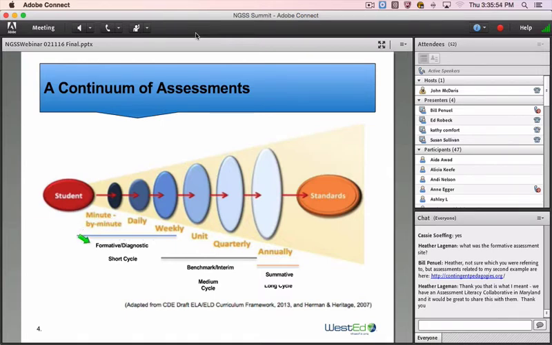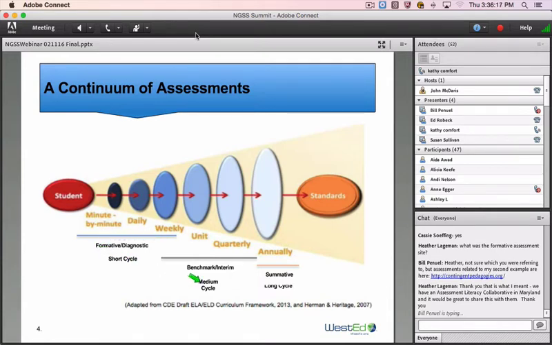It starts with formative or diagnostic assessments, and these are the short cycle assessments. These are the kinds of things the teacher is doing in the classroom every day. It's the minute-by-minute assessment, daily assessments, and some weekly assessments. These assessments are geared to look at a short period of teaching and learning.